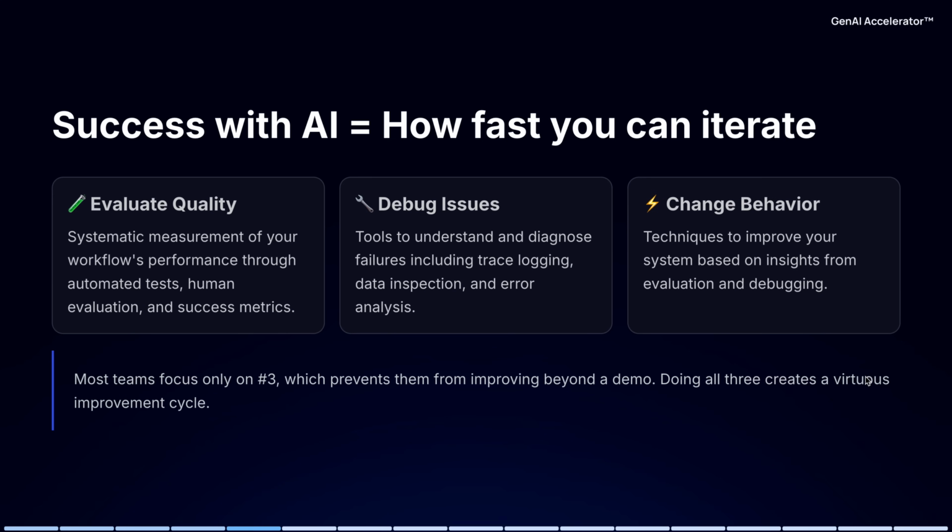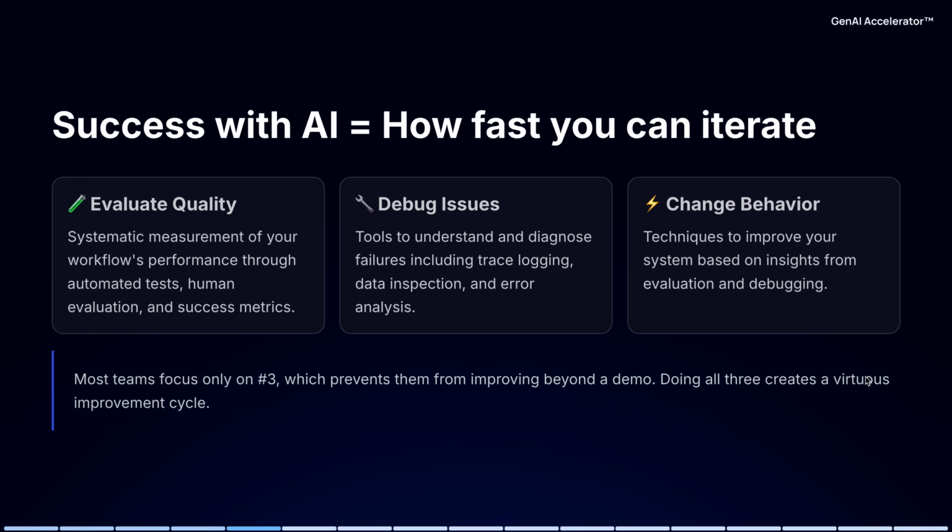It should be part of every AI development process. And there are, again, three key critical components that you need to consider. So your success depends, first of all, on your evaluation quality. So do you have systematic measurements of your workflow performance through, first of all, automated tests, human evaluations, and other success metrics? Can you properly debug issues?